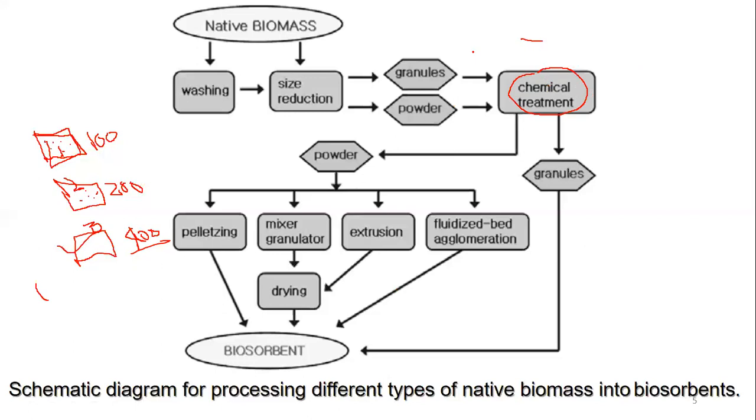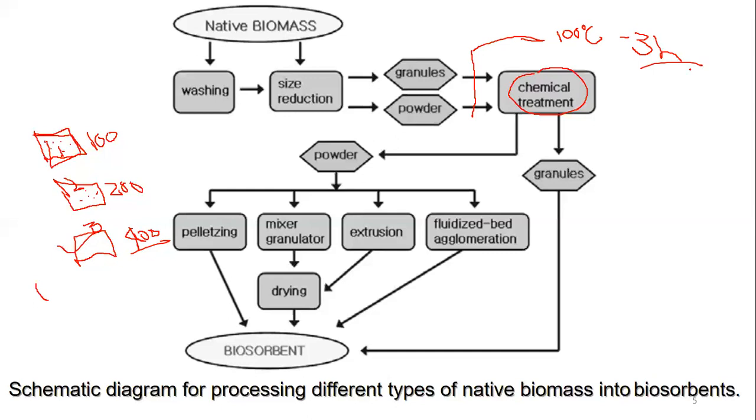Now, whenever our material reaches this stage, we subject it to a temperature, let's suppose 100 degrees centigrade, for some time, let's suppose 3 hours. What happens to our material?